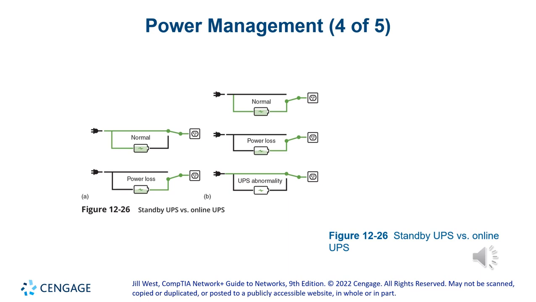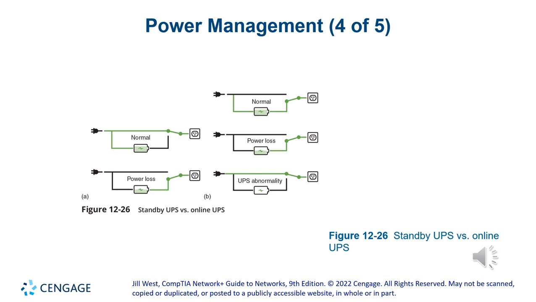Those will have larger batteries and more batteries. It's more like a string of batteries that requires a more specialized company to come in and maintain those large UPSs. You have to be careful because those batteries are usually 24 volt or 48 volt batteries with a large current, and that current is what kills you.